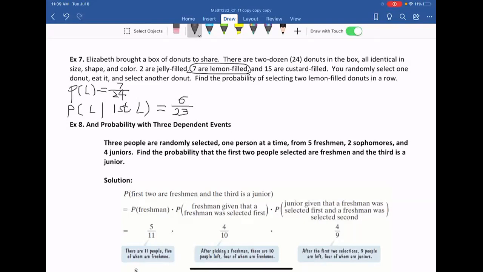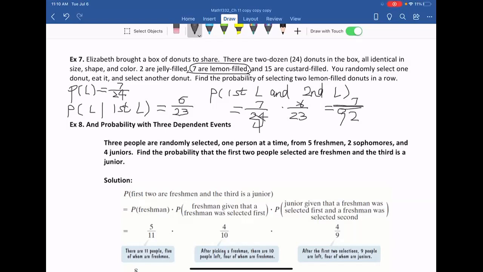The probability of selecting 2 lemon-filled donuts in a row is P of the first one is L and the second one is L, equals 7 over 24 times 6 over 23, which equals 7 over 92. Okay, let's move on to the next question.